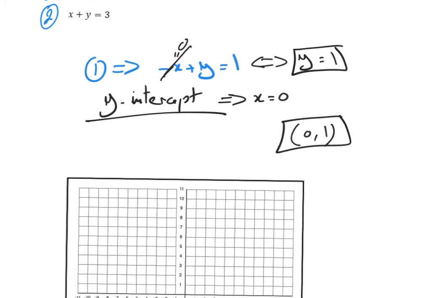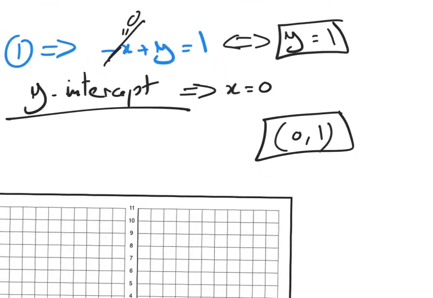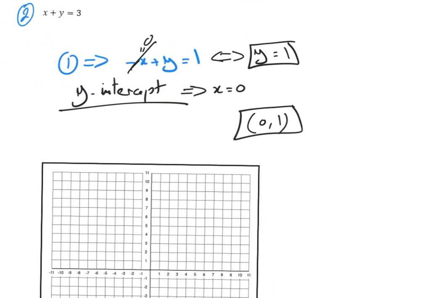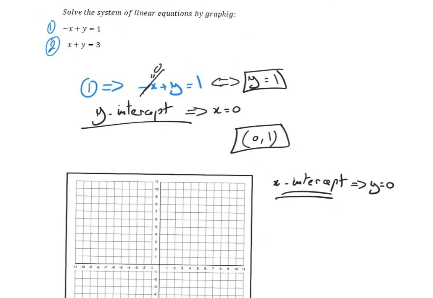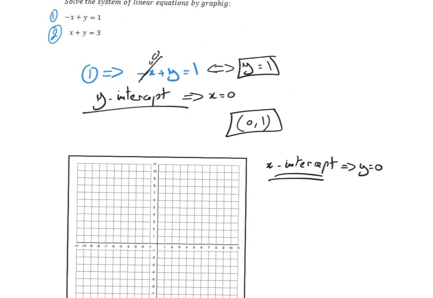So let's find the second point by finding the x-intercept. The x-intercept is always when we have y equals 0, so we're going to substitute y by 0. I can choose any equation I want.